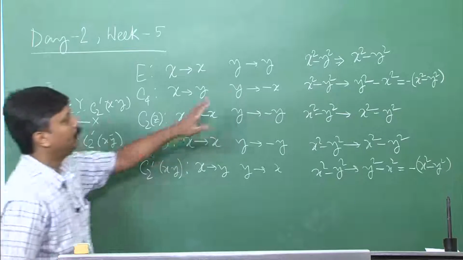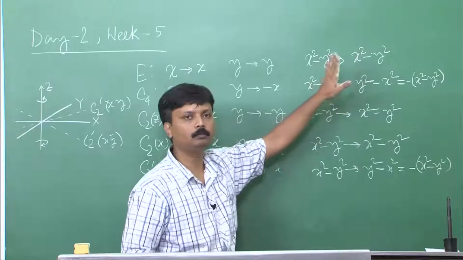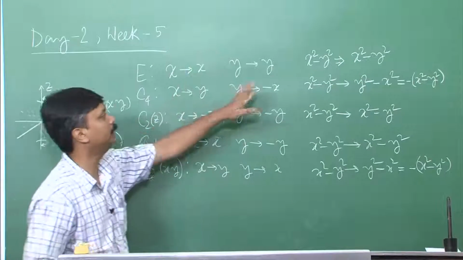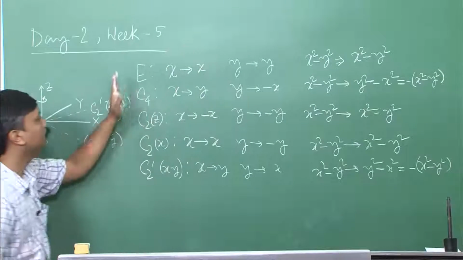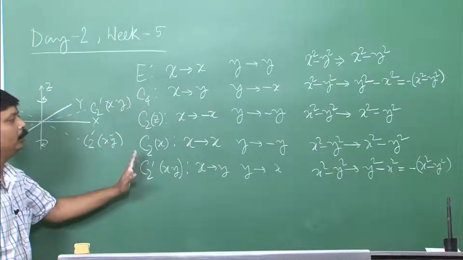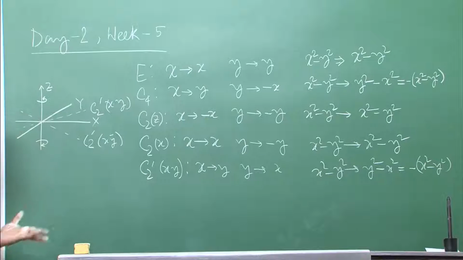So whether this transformation, that is x square minus y square to something, is symmetric with respect to E, symmetric with respect to this or not, depending on that you can get either +1 or -1.